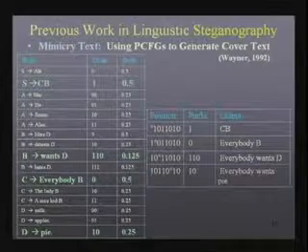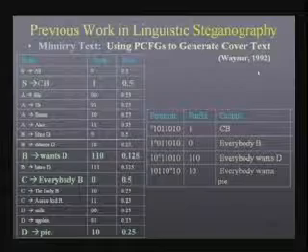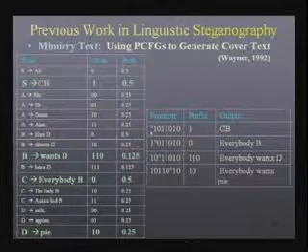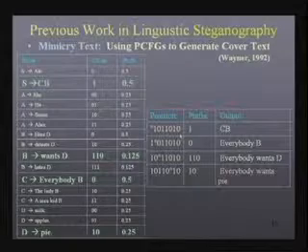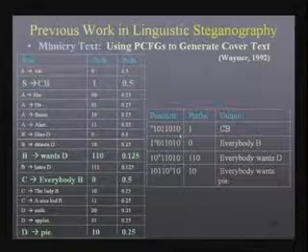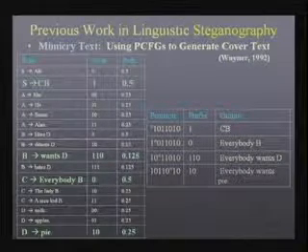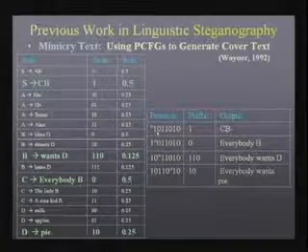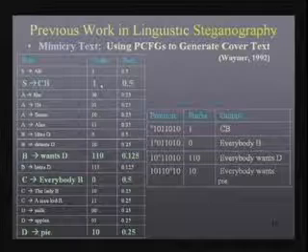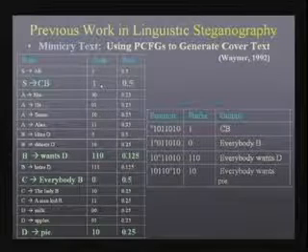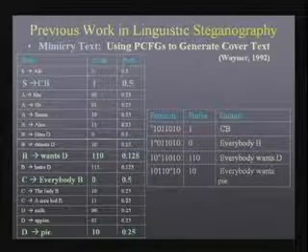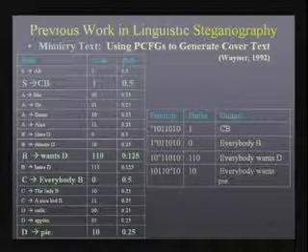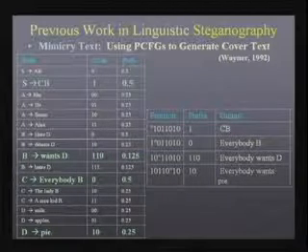This is by Wayner, proposed in '92. What you do is, this is the message. If you can see my mouse, this is the message we want to insert, and this is a probabilistic context-free grammar. Every rule in the grammar has a special code. We start from the beginning and try to insert this message and generate a sentence at the end. So we start with the S rule and we look for one.